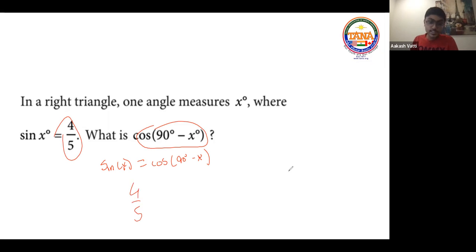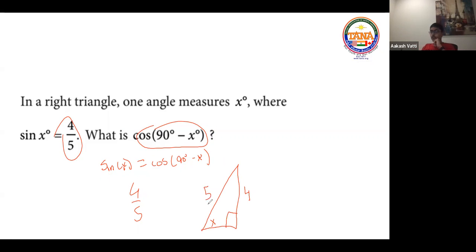Another way of doing this, if you didn't know that rule, is to draw a triangle of it. So you have a triangle with a 90 degree angle, and you have x right here, and sine x is opposite over hypotenuse, so 4/5.